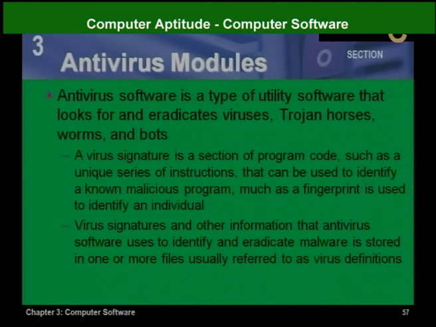Antivirus modules are softwares used to protect from viruses. Trojan is one of the viruses. To prevent all this, we have antivirus software. The name itself says anti-virus, the medicine for viruses.